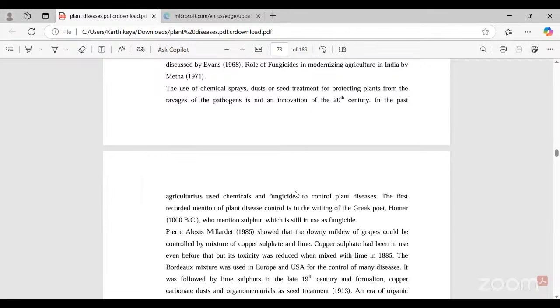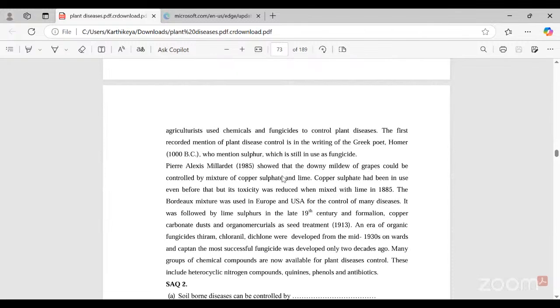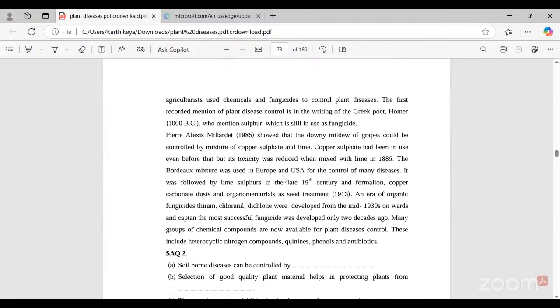The use of chemical sprays, dusts, and seed treatments for protecting plants from the ravages of pathogens is not an innovation of the 20th century. In the past, agricultural chemicals and fungicides were used to control plant disease.